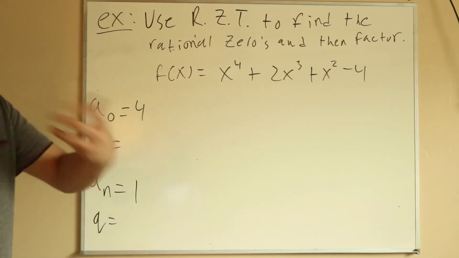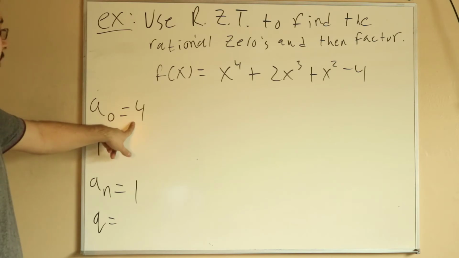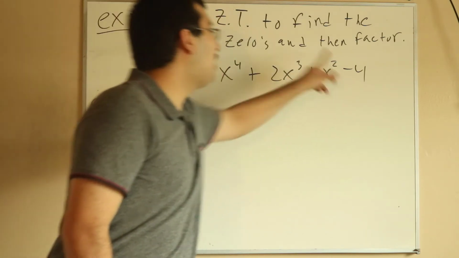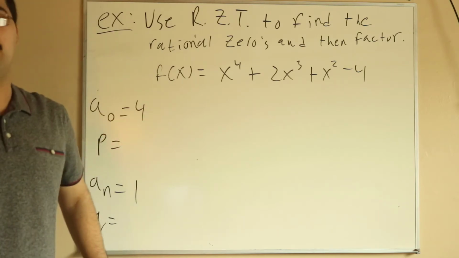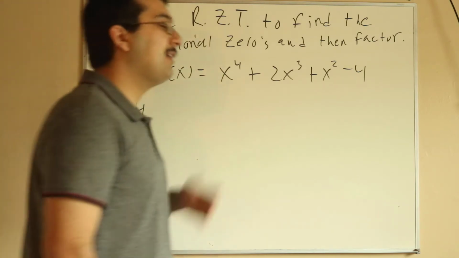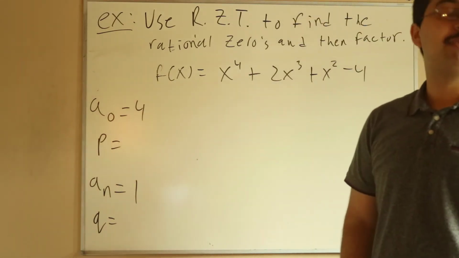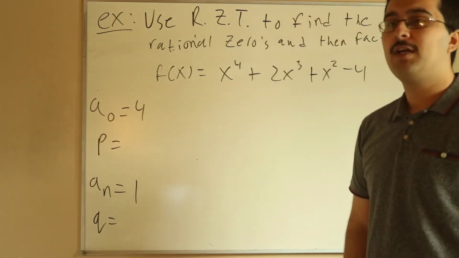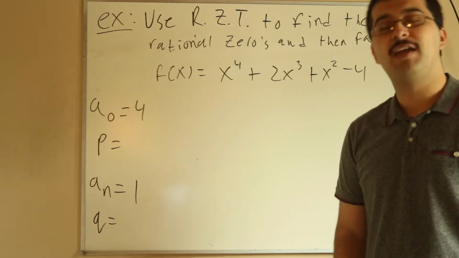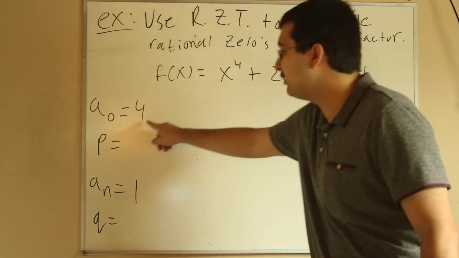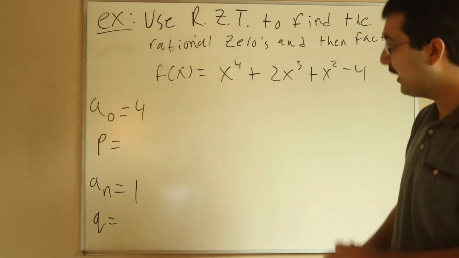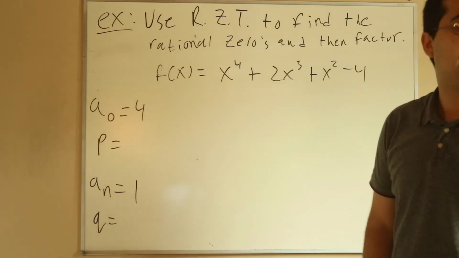So it doesn't matter whether I write positive 4 or negative 4 for a naught. So getting back into it, what are all the factors of 4 going to be?